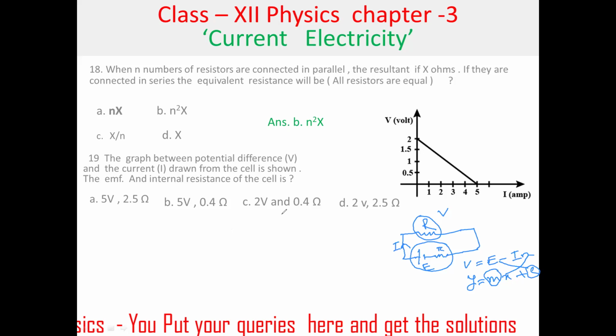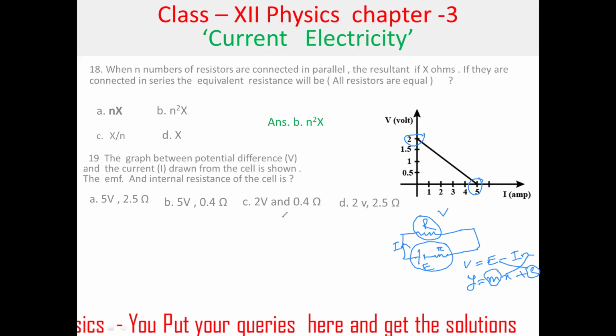Here you see voltage is 2 and current is 5. Comparing this equation, y equal to mx plus c, here c is the y intercept.